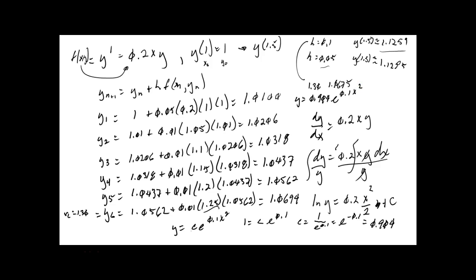Now, let's see what we get. 0.904 e to the 0.1 times 1.5 squared, which is 2.25.